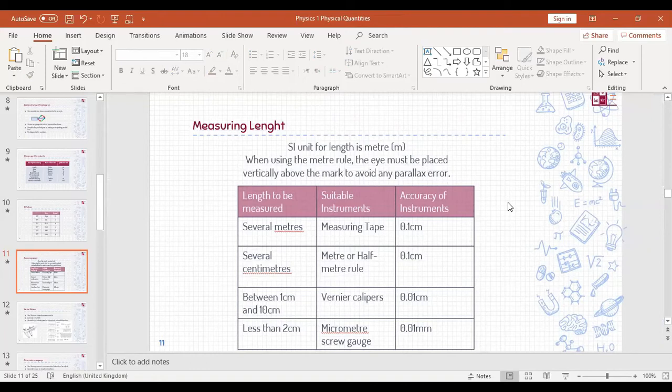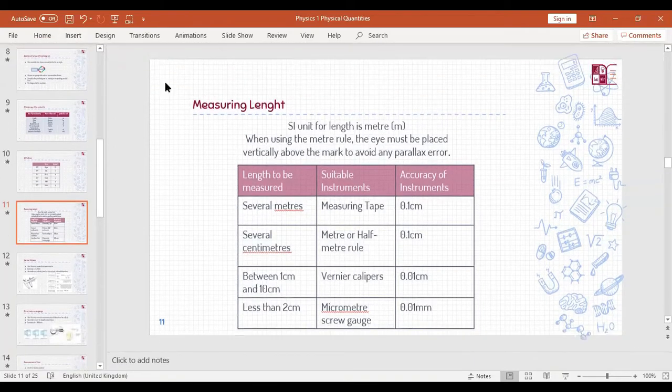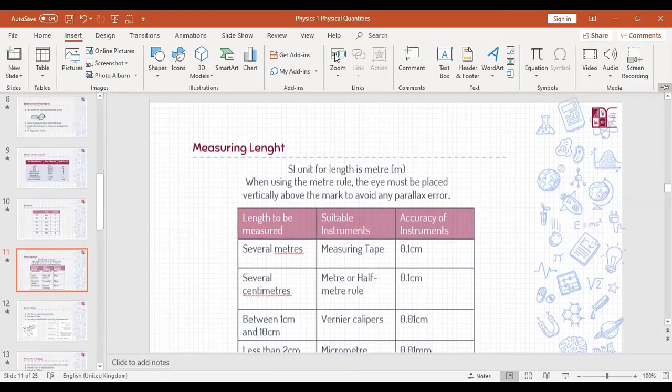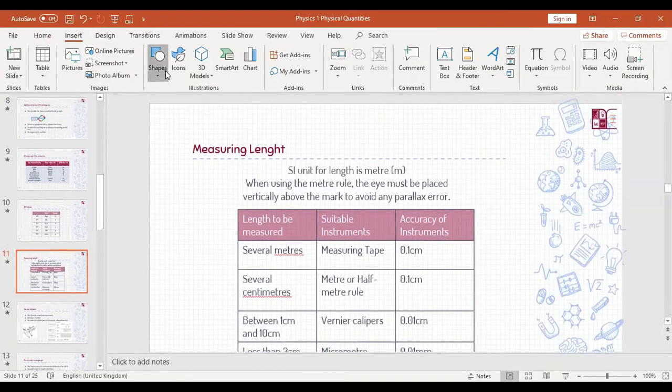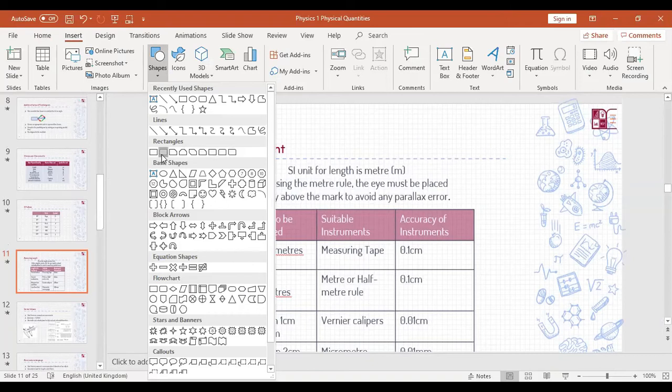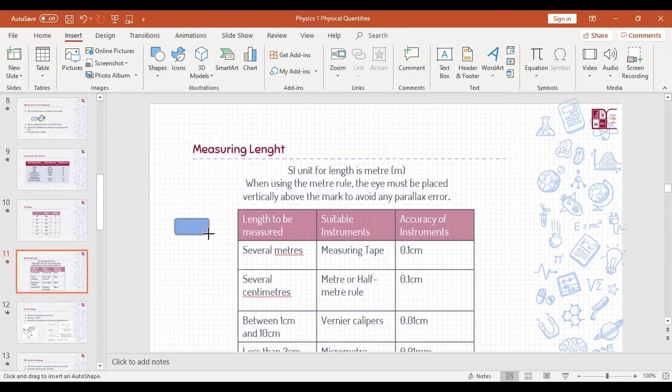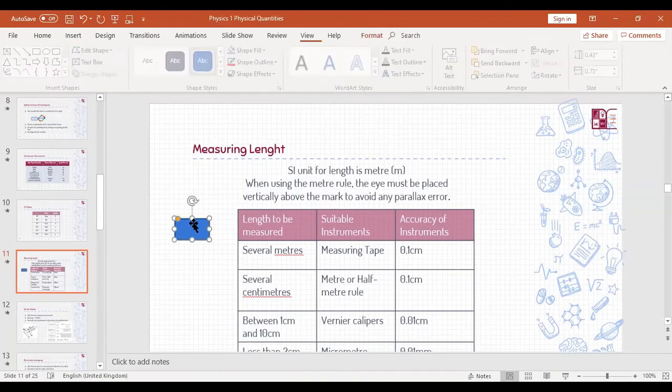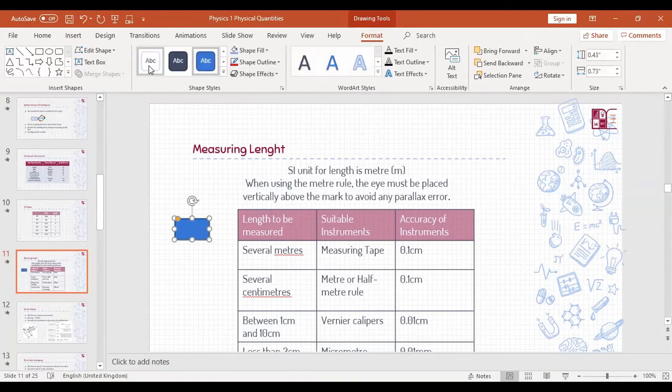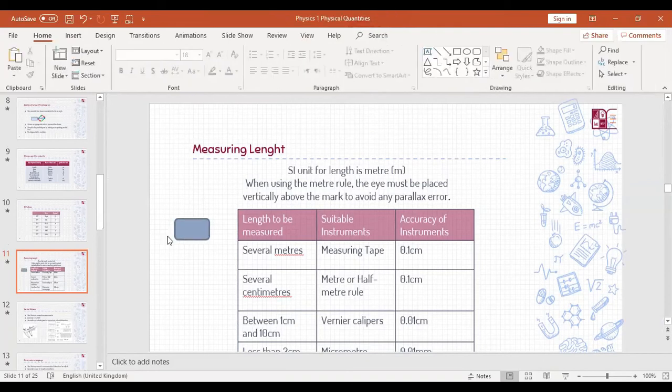Now, to understand what a parallax error is, let me just quickly tell you what this is. When we're taking the measurements for any body, let's say we've got a scale at the bottom of this object.